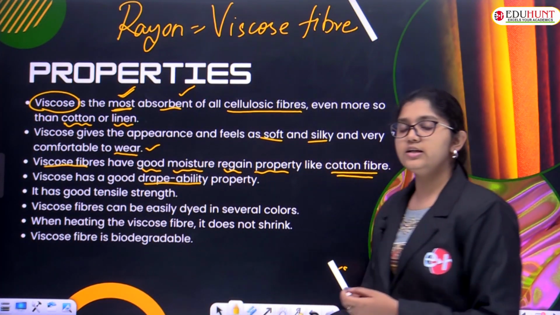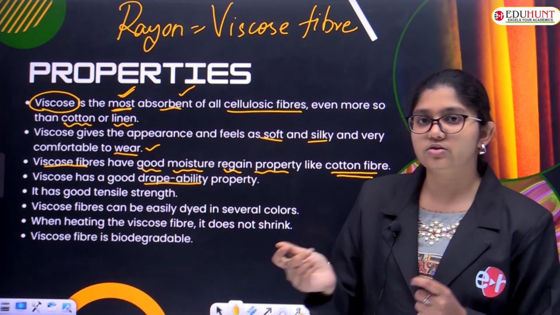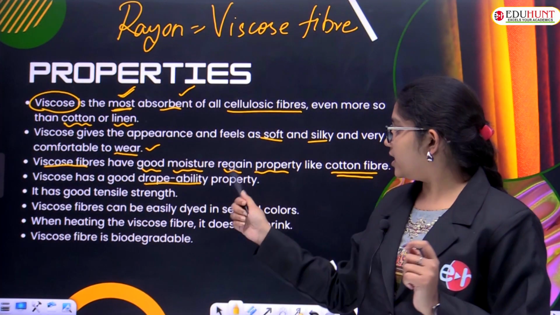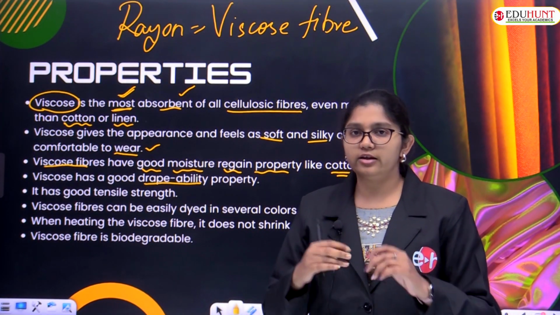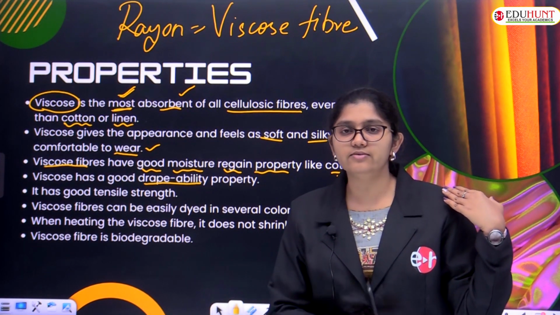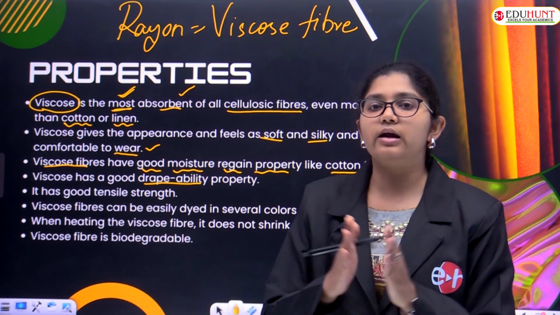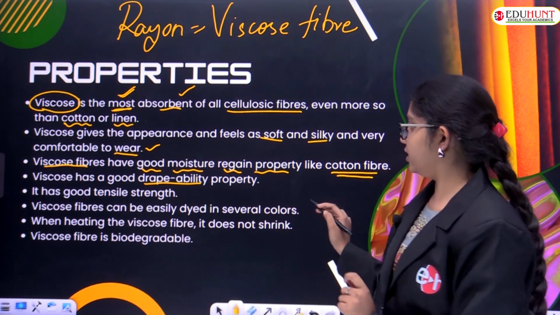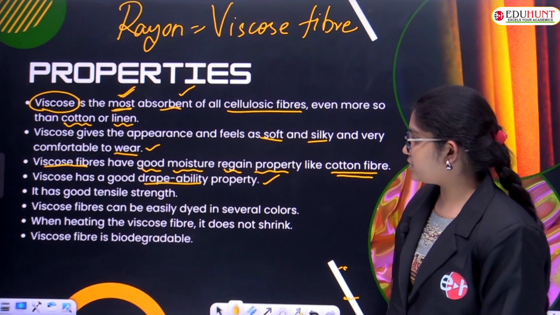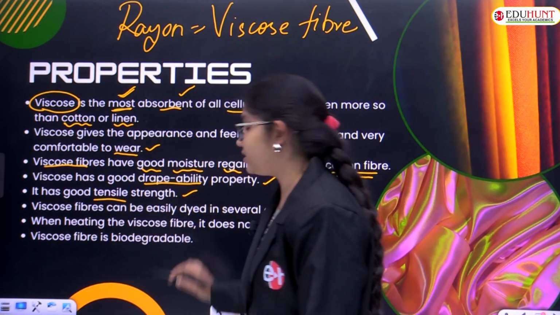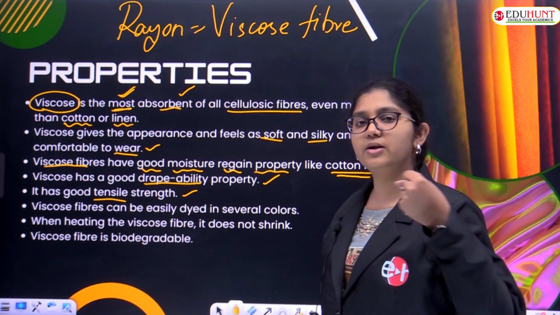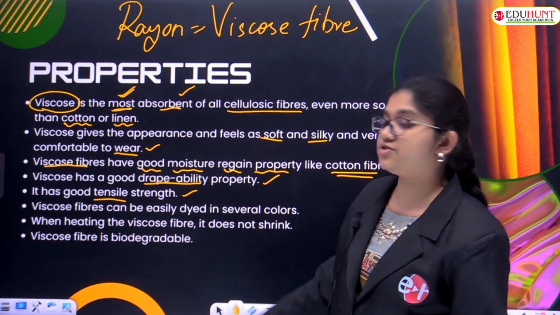You can easily drape it, like mummies drape a sari, and the texture stays soft and silky and does not disturb your appearance. It also has good tensile strength. It is strong and can bear much weight.